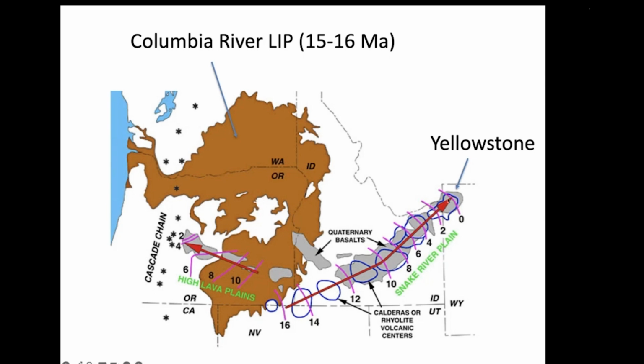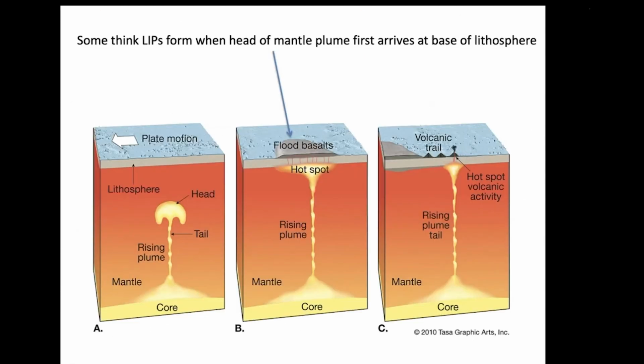So the hotspot's here, and this must have been over the hotspot, some part of it. I don't know where. And then it was here at 16, here at 14. This is probably not the migration of the mantle plume. This is probably the motion of the North American plate over it. And you're going, how does he know that? Well, let's take a look.